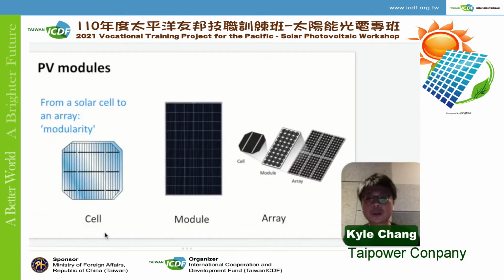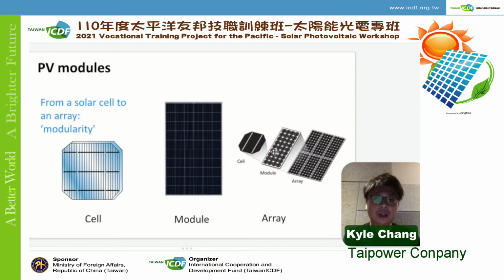The following will introduce the cell, the module and the array. I think a typical crystalline silicon PV module is made from a number of crystalline silicon solar cells. These cells are then connected to form the PV module, which in turn is connected together with other modules to form a PV array.